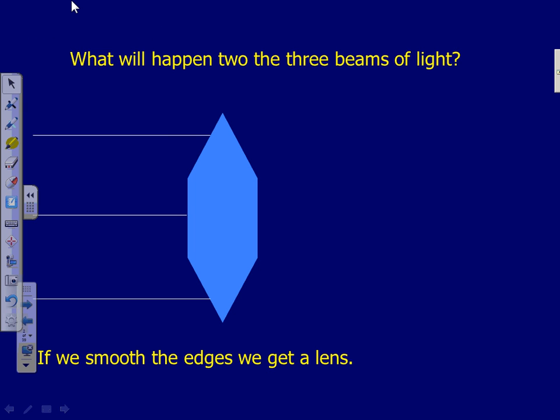I just stated to you already that we've seen what happens when light enters prisms, all right? And you can imagine this almost looks like a lens, but I actually have it made up of three different prisms, two triangular prisms and a rectangular prism.